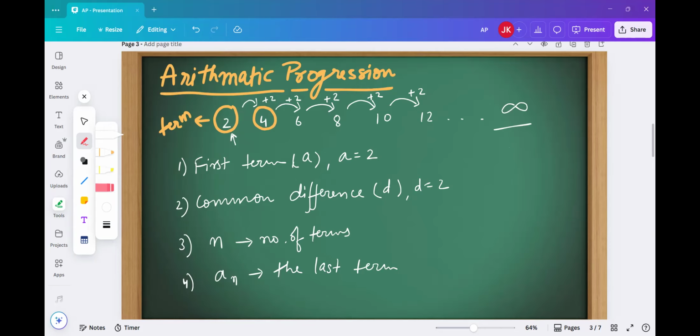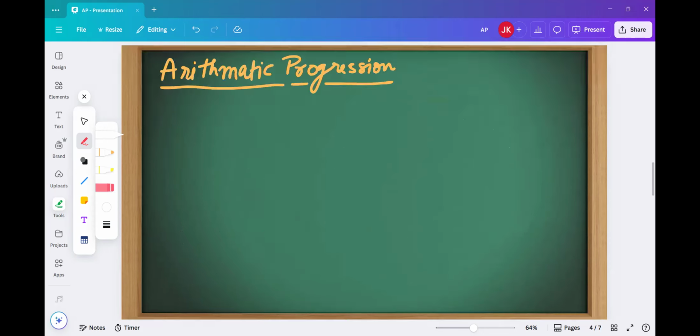Okay, let's understand. For example, I have a general arithmetic progression. The first term is A, and then I have A0, then A1, A2, and A3. Or maybe I would just not take A0 and we'll start the progression with A1: A1, A2, A3, A4, and so on.